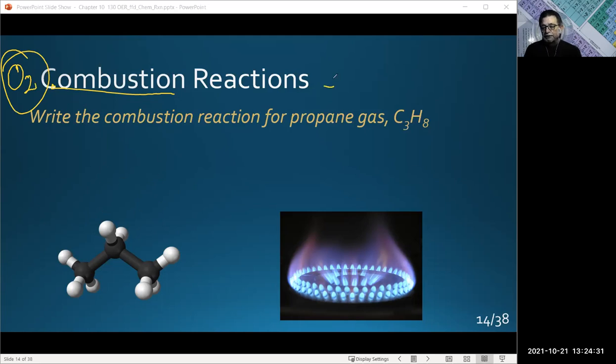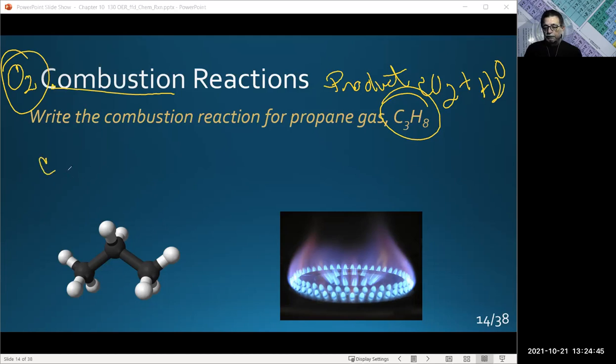That also tells me that the products are always going to be CO2 plus H2O. That's it. I'm given the hydrocarbon, C3H8. It's going to react with oxygen. It's a combustion reaction. Hit it with a spark.